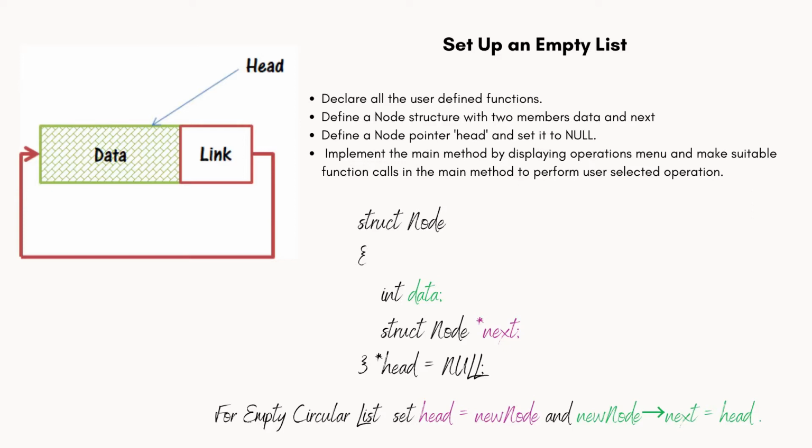The figure on the left-hand side shows a depiction of the empty circular linked list where the next of the node points to the head itself. For an empty circular list, we have to set the head to the new node, and the next of the new node will be pointing to the head itself.